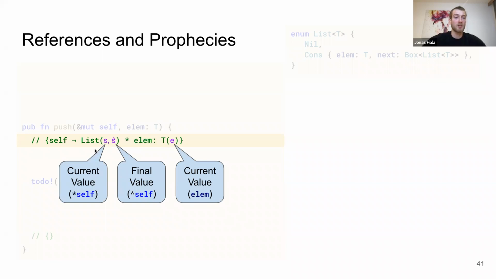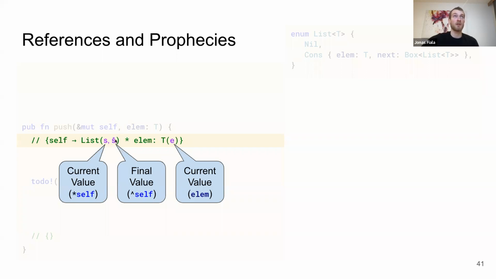Secondly, when we want to talk about the values of these objects, we've seen how we talk about values of own things. We just have this one value which says exactly what the element is. But for mutable references, we also have this current value. That's the same as for own things. But we also have the final value, which will always have a hat.